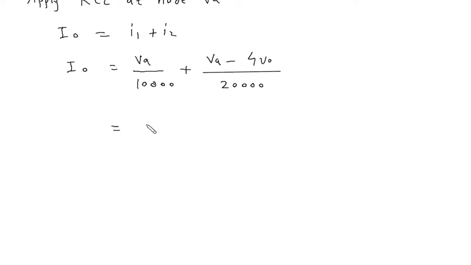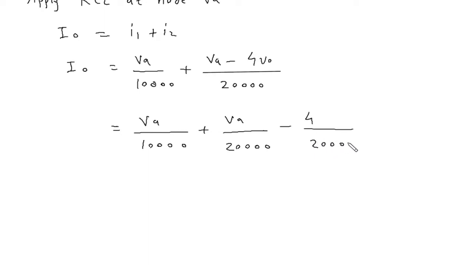Now this will be VA divided by 10,000 plus VA divided by 20,000 minus 4 by 20,000 into this VO.